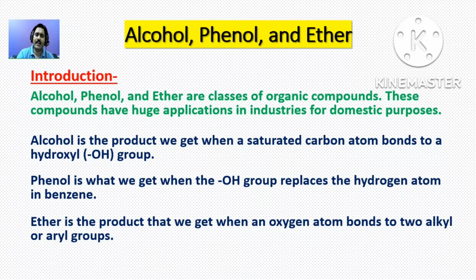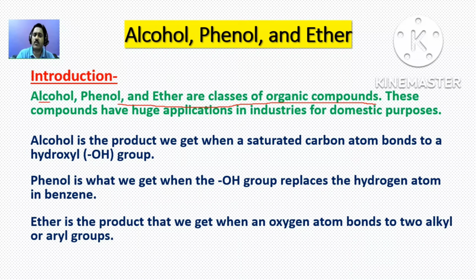What are alcohols, phenols, and ethers? A short introduction. First, alcohols, phenols, and ethers are classes of organic compounds. Organic compounds are those compounds which have carbon as one of the constituents, or we can say carbon and its derivatives are called organic compounds.